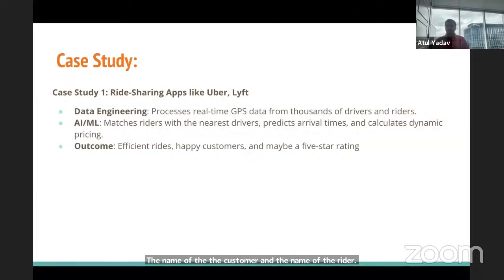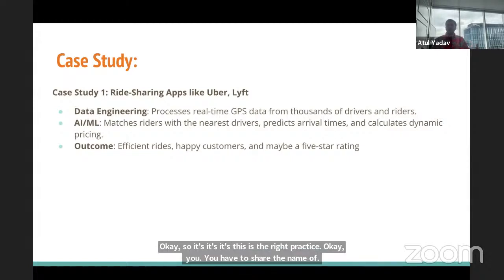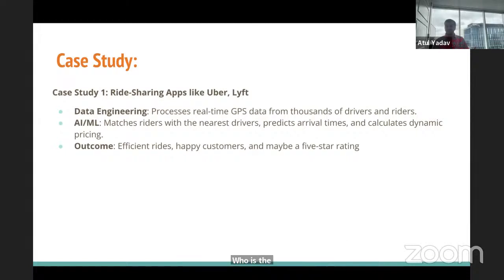This is the right practice. You have to share the name of who is the rider and who is the passenger. It's not showing the religion, it's not showing the gender, it's not showing the race, but it's showing the name.